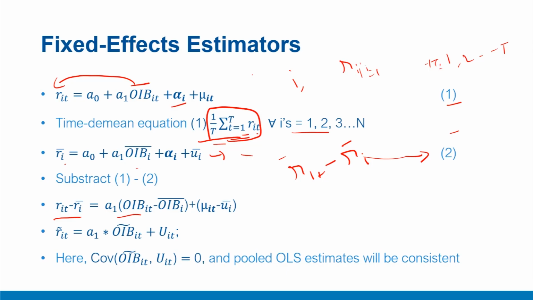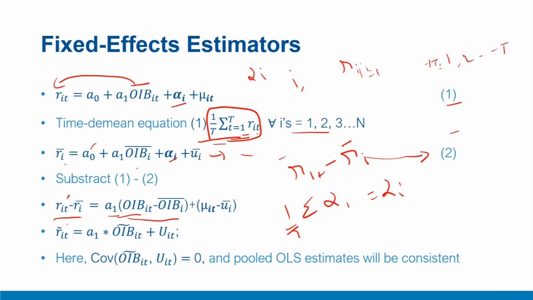Notice that for terms that are time invariant, like alpha i, the time average is nothing but alpha i itself, because it is not changing with time. Therefore in this subtraction process, such time invariant terms like alpha i and alpha naught will be eliminated, and the resulting equation, R it minus R i bar equal to A1 into OIB it minus OIB i bar plus the error terms, mu it minus mu i bar, can also be represented with a tilde.